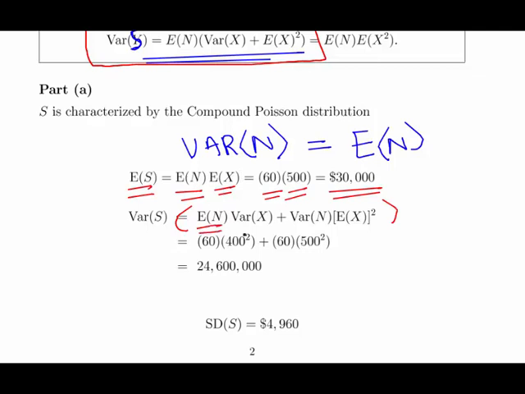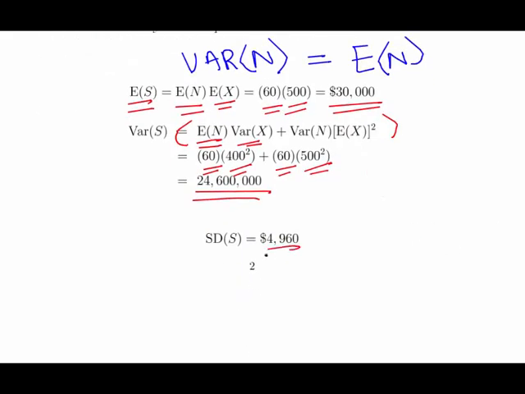So it's 60 times the variance of X, which is 400 squared, so 60 times 400 squared plus 60 times 500 squared, which is 24,600,000. When we get the standard deviation of that, it's just shy of $5,000, 4,960. Okay, so that's the standard deviation there.